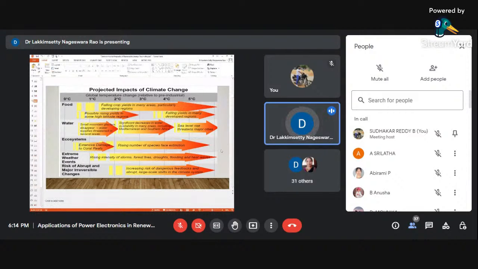It may be affecting the ecosystem, because the planet has both living as well as non-living systems. We have biotic as well as abiotic, and it may have some impact on food production. On average, the global temperature is increasing by 1 degree centigrade, and there is a falling of the crops.